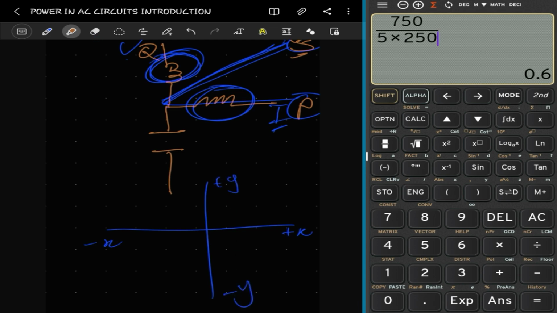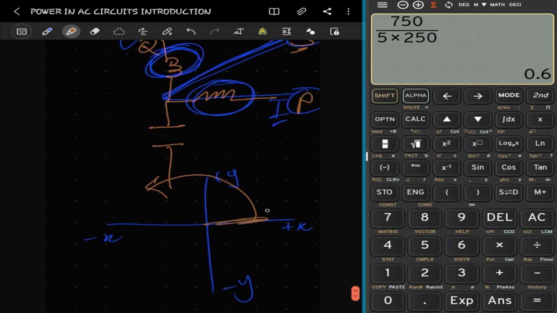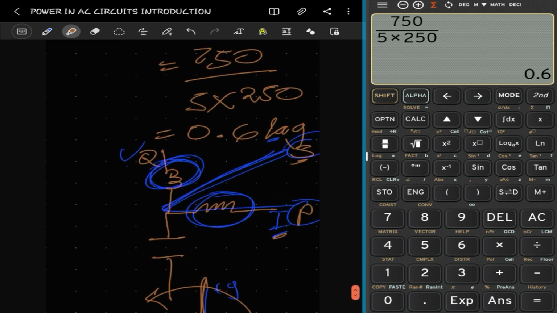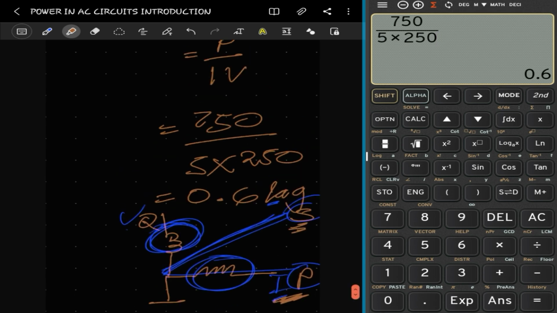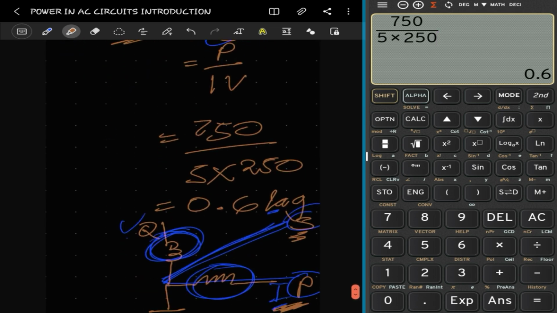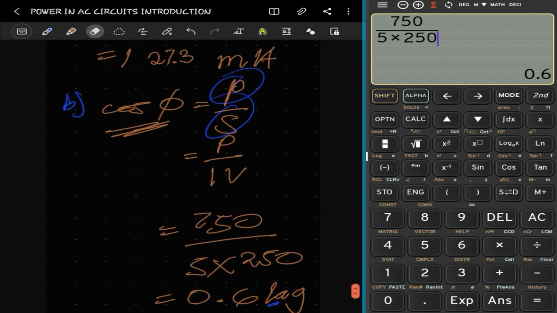And we read in what direction? On the positive x-axis, so read this one. That means that current is behind the voltage. So as a result, because current is lagging voltage, and power is lagging the apparent power, we see that the power factor is lagging. So 0.6 lagging. So that's how come we have that. So 0.6 lagging. It's lagging. All right.